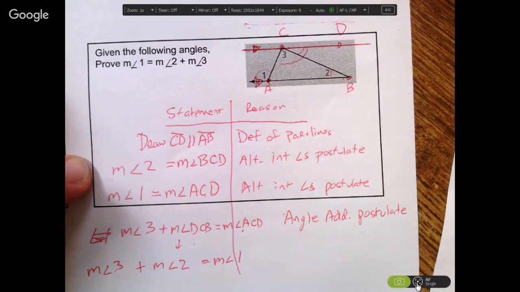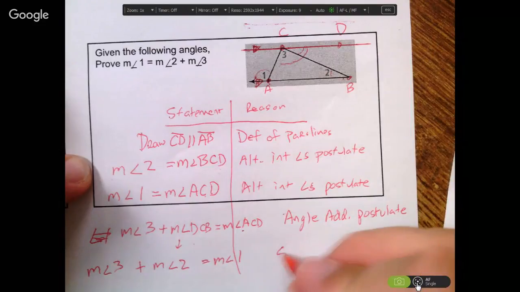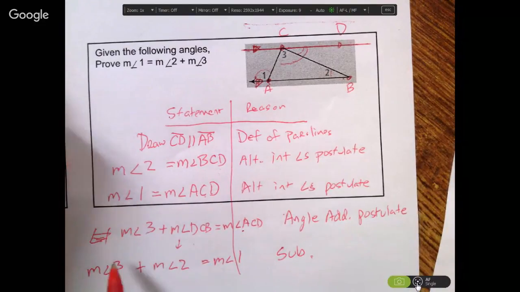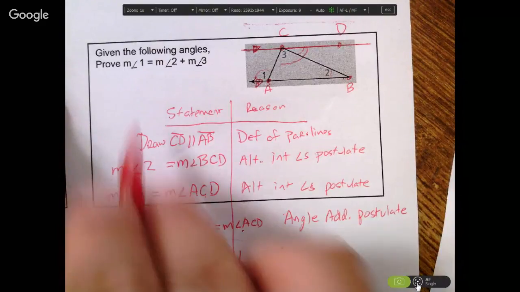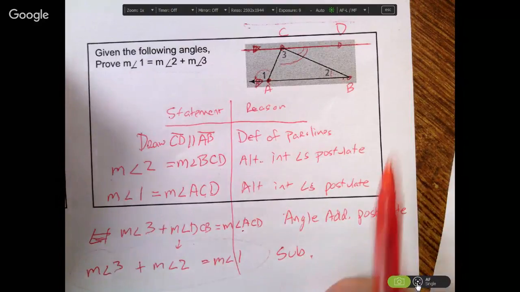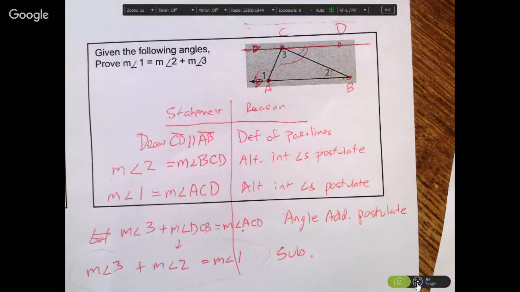And the reason I'm allowed to do that is because of substitution. And this is what I was trying to prove. Now, I wrote it in a different order, but that was what I was trying to prove. So that's the proof for why angle 1 is equal to adding angle 3 and 2 together.